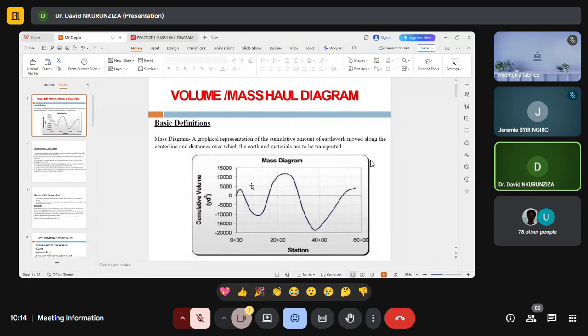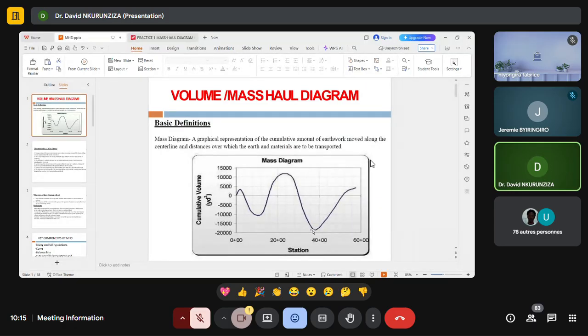So peaks in the curve will be indicating that we are changing from cut to fill. Of course, from here up to here, I was cutting. Now I'm changing to the fill. Here also, this is a cut here, then I go to fill. But when you go to valleys, it indicates a change from fill to cut.